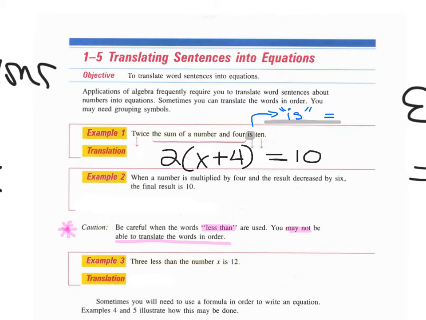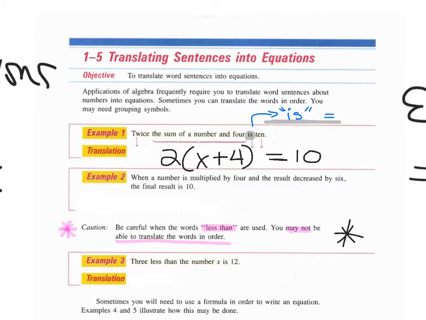Right now, all we're doing is translating. Okay, usually we can translate it in order, but again, notice the caution again. Okay, when we see the words less than, you may not be able to translate it in order as you read it. So, for example, let's look at this next one. When a number is multiplied by 4 and the result is decreased by 6, the final result is 10.